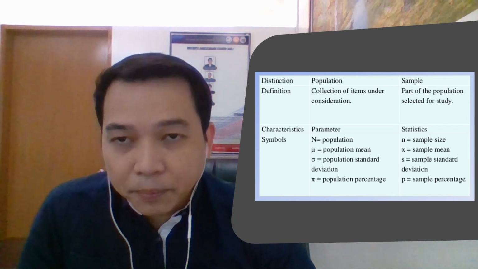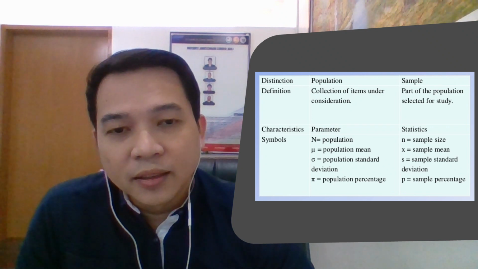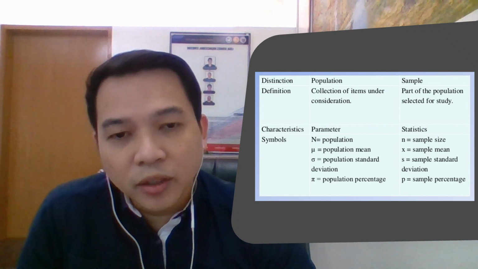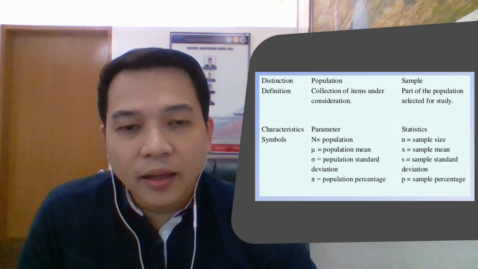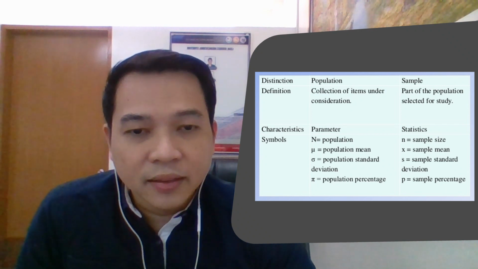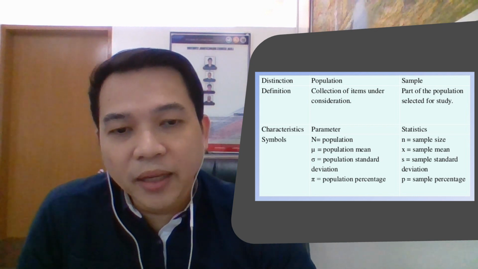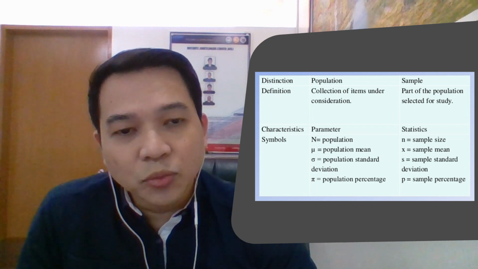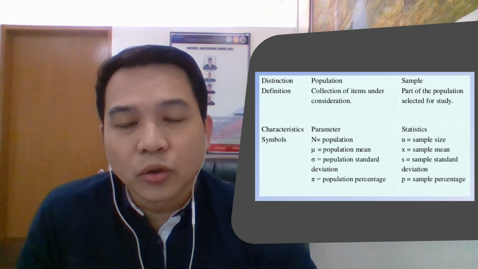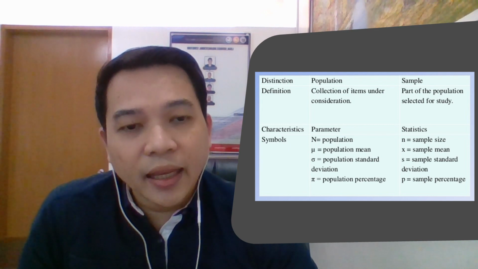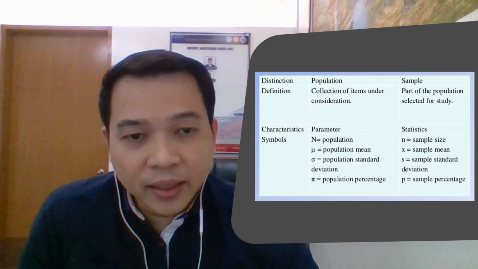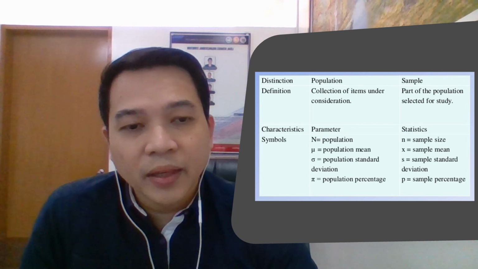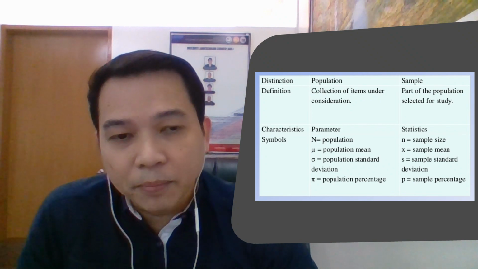And in terms of examples or symbols, the parametric ones, for example, will be the total population N, the population mean, the small letter Greek alphabet mu, the small letter sigma for population standard deviation, and the pi for population percentage. For the statistics, the small letter n will represent the sample size. The x or the x bar will be the sample mean. The small letter s will be the sample standard deviation, and the small letter p will be the sample percentage.